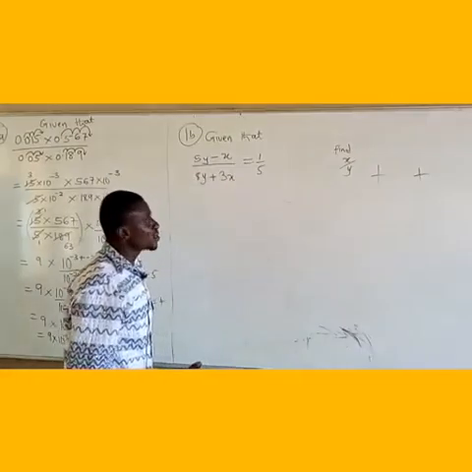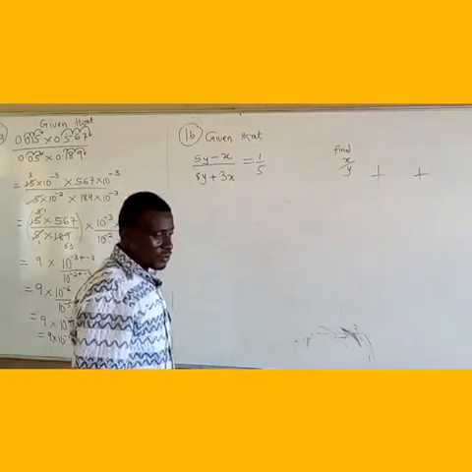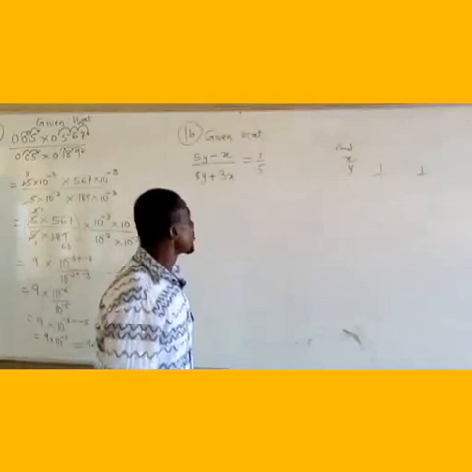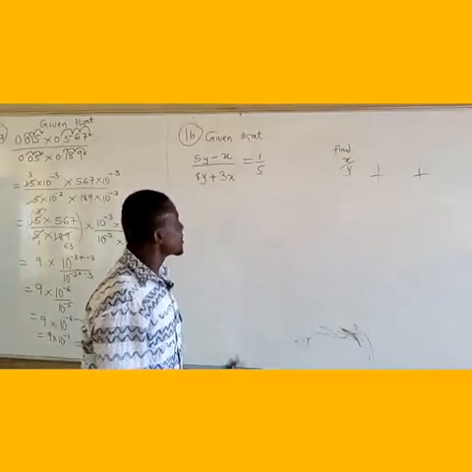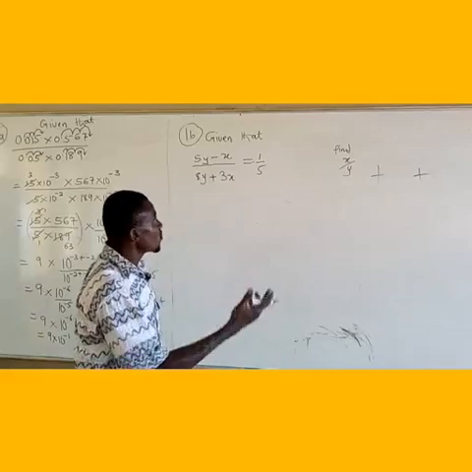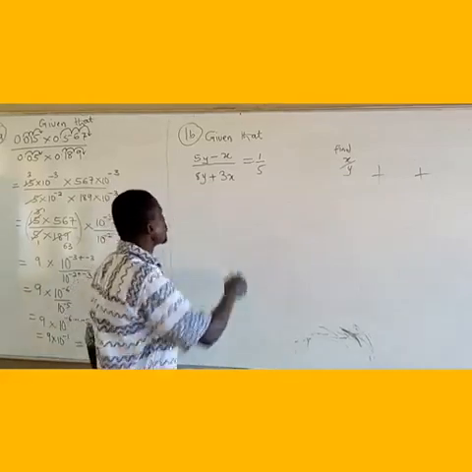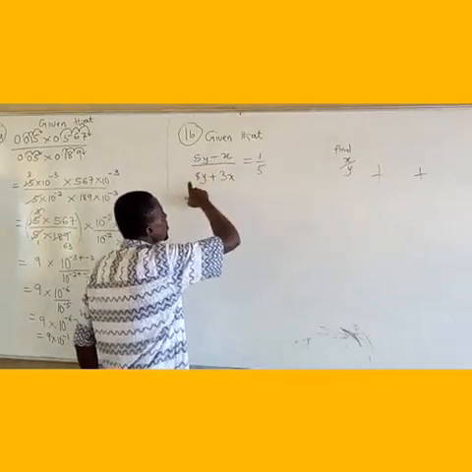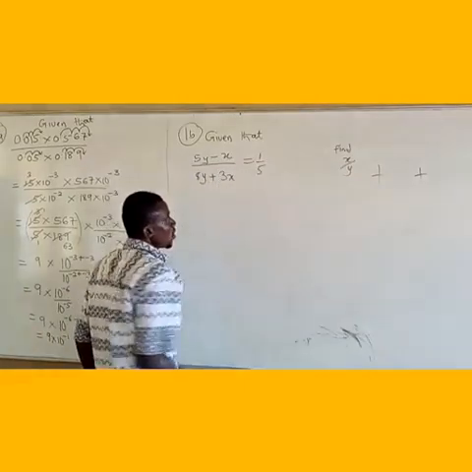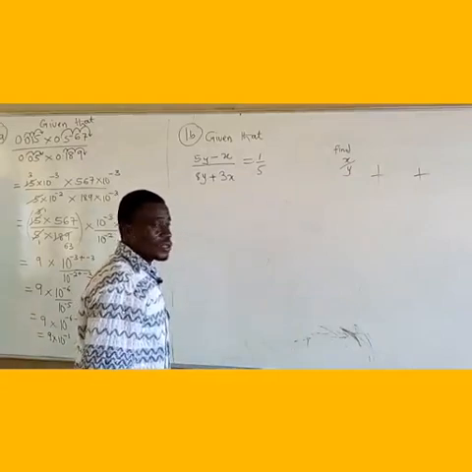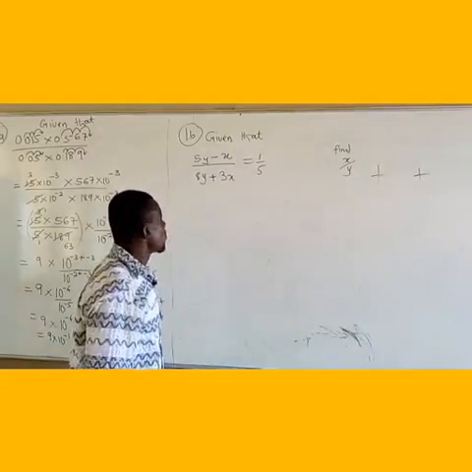There are many ways we can solve mathematical problems, and one of them is the method I'm going to use. We can also solve it in a different way. Here the numerator is equal to 1 and the denominator is equal to 5, so we can solve it in a proportion form or ratio form.